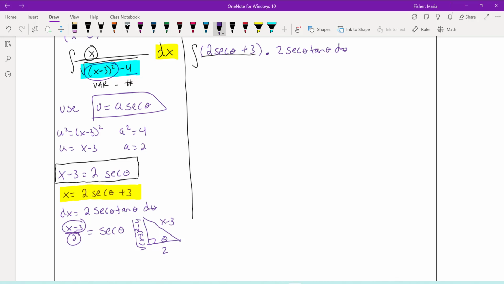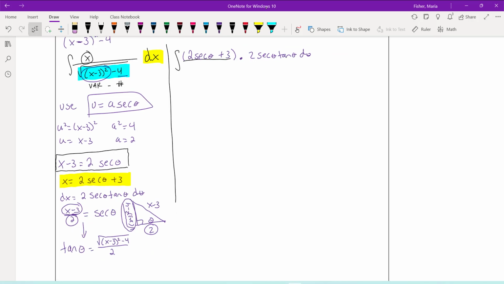Now, what do I do to get rid of the square root? Well, I have to ask myself, secant relates to which trig function with its Pythagorean identity? Secant relates to the tangent of theta. So look at your triangle, and from the triangle, what is the tangent equal to? Well, it's going to equal opposite, which is that square root of x minus 3 squared minus 4 over adjacent, so over 2.